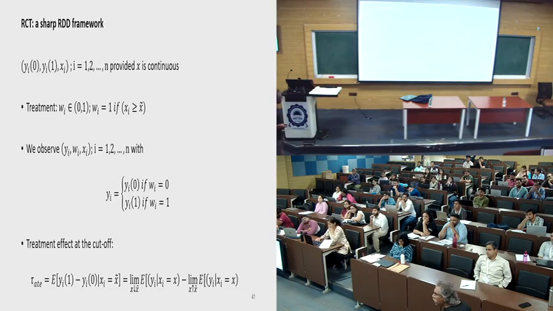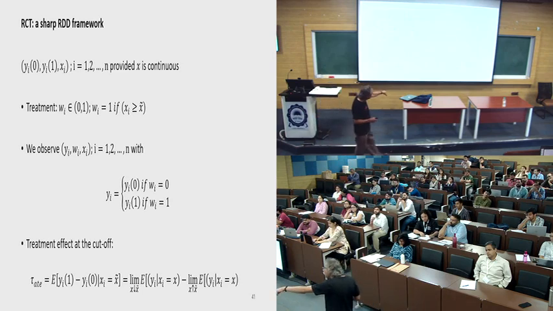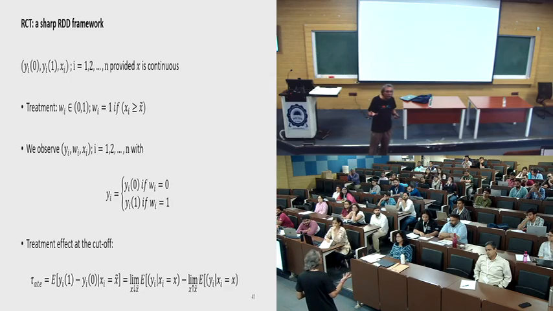What is my treatment effect? I am to compute the treatment effect at the cutoff, where Xi is equal to X tilde. How do you think of it? Recall something like L'Hospital's rule. What did we do there? We differentiate, of course, but why did we apply that? When?